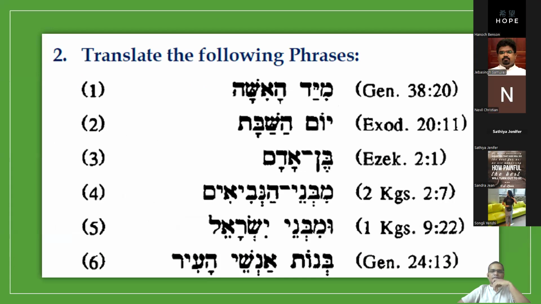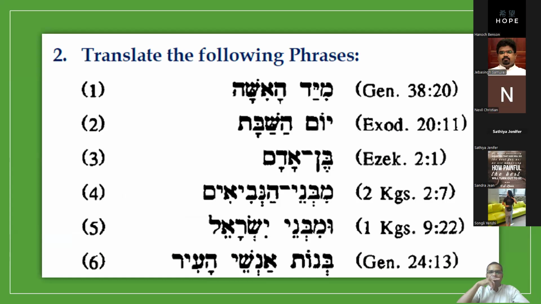That is haisha. Okay, what is the possible translation? Haisha is the man. I don't know what is Miak.